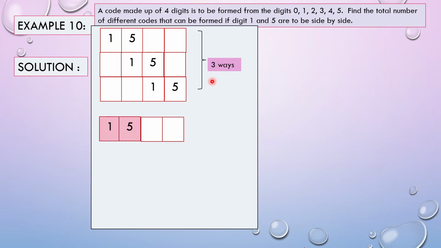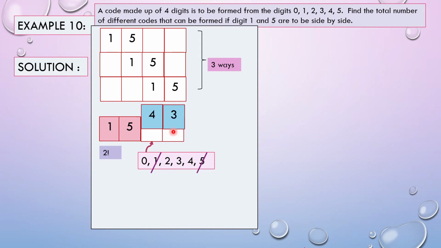Now we need to arrange digit 1 and 5, so that will be 2 factorial. Next, in order to fill the digits in the remaining boxes, we have already used digit 1 and 5, therefore left another 4 digits.